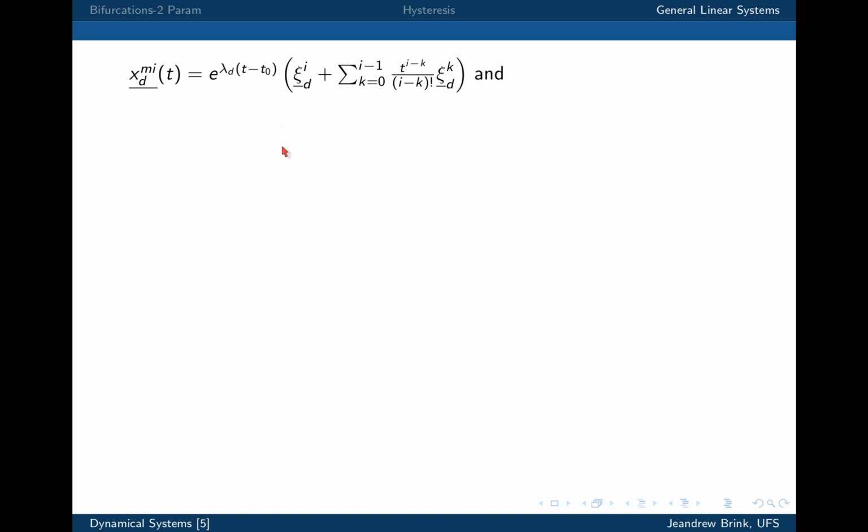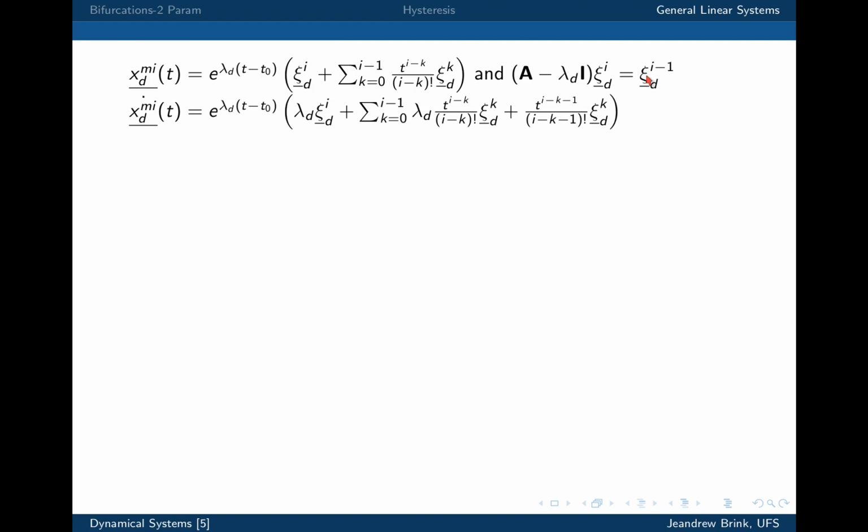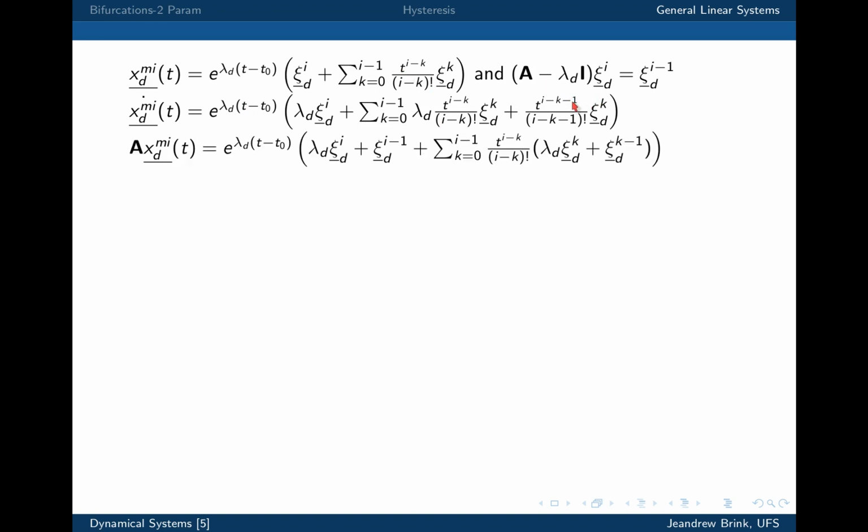So here's the solution. Here's the definition of how you've constructed the vectors, and then you basically go ahead and work out the dot of the solution. The first thing is you have the dot applied to your exponent in front, so that gives you the first term over here, and the second term you have the dot applied to that t, so that gives you the -1 going in there.